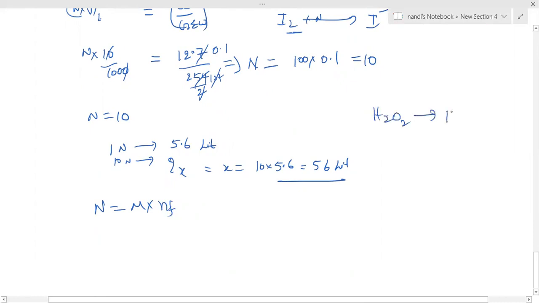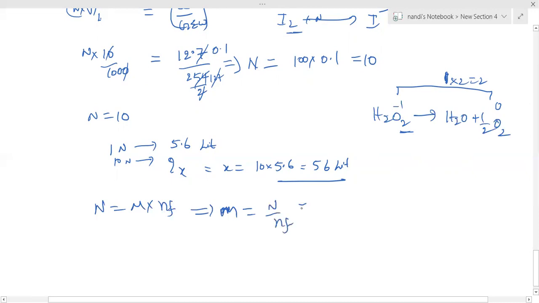I am giving it here clearly, you can check: half O2. Minus 1 is the oxidation number because of the peroxide, and 0 is the oxidation number of oxygen. Minus 1 to 0 means the change is 1, and there are 2 oxygens, so into 2 I will get 2. N factor is 2. Then molarity equals normality by n factor. Normality is 10, n factor is 2, so 5 is the molarity.